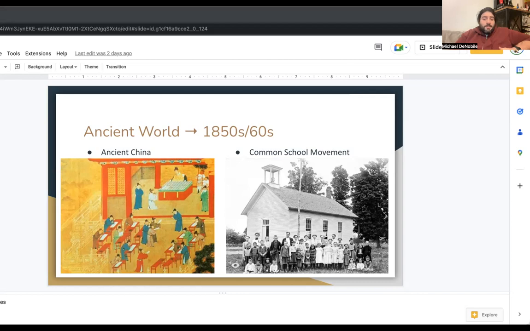Fast forward to the 1850s and 60s to the Common School movement, which is also known as the public education movement, which was founded by Horace Mann up in Massachusetts.